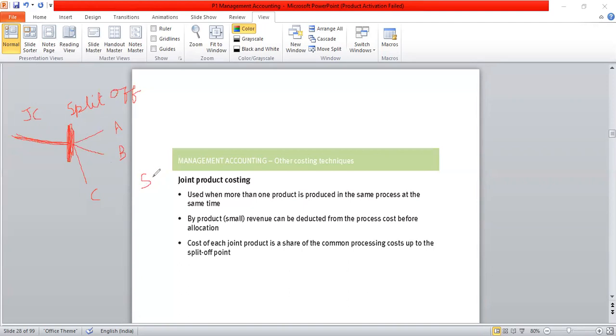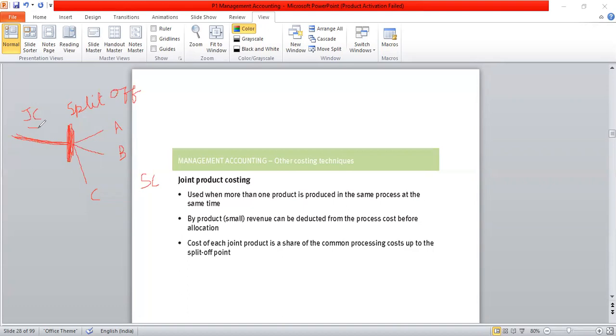First, the initial costs which are incurred till the split off point, we call joint cost, because the process is the same for all the three products. When they pass through the same process, the same activity, the same cost, there is no separation of the cost. There is nothing which is clearly identified, but as a common joint cost, the costs are incurred.